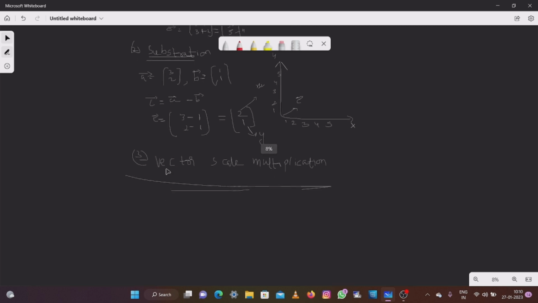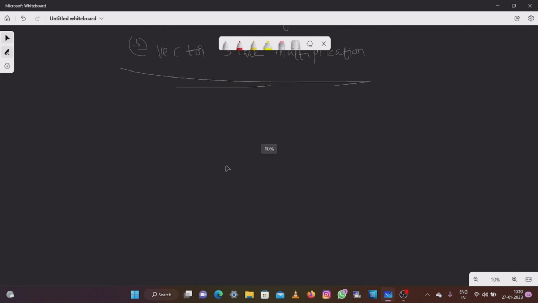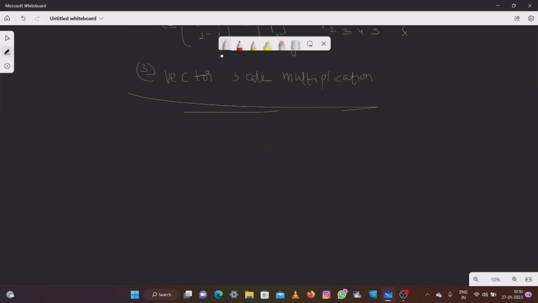Let's give an example so you can clearly understand vector scalar multiplication. Let's consider an example: the scalar a equals 2 and b equals 4 3. So simply we use the formula a into b bar.